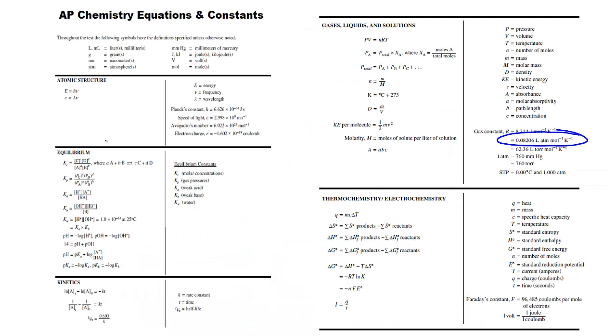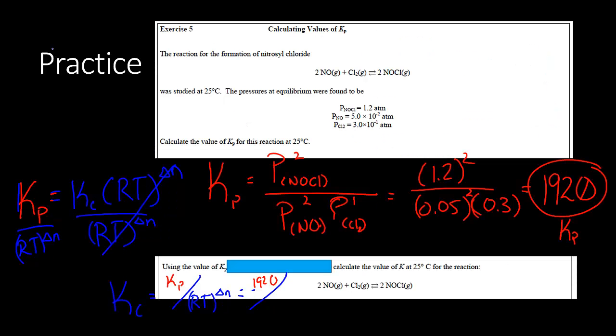We need our ideal gas constant, so we'll use 0.08206 since it is the one we use when dealing with gases which have pressures. All of our pressures here are in atmospheres, all the more reason that we will use 0.08206 as our value of R. Our value of temperature is in Kelvin, so 25 degrees plus 273 will give us our Kelvin temperature, which is 298.